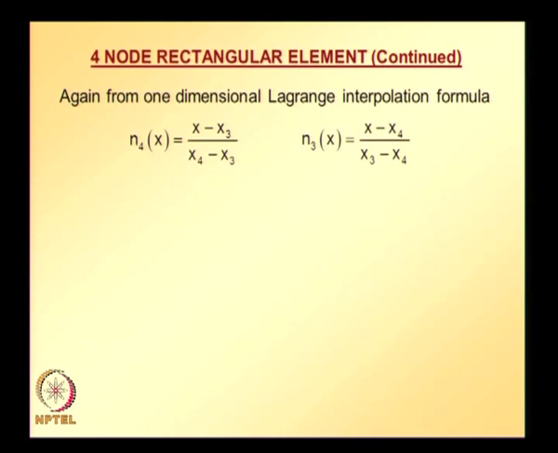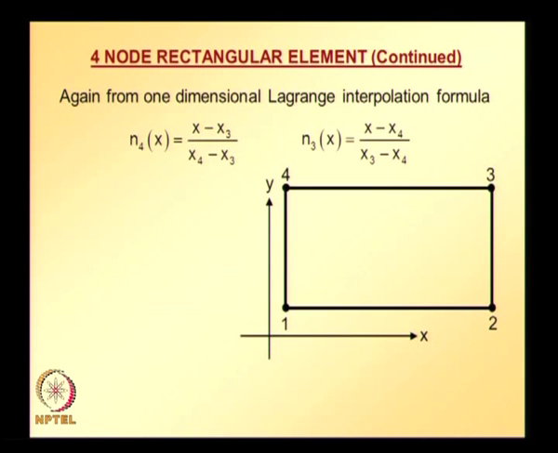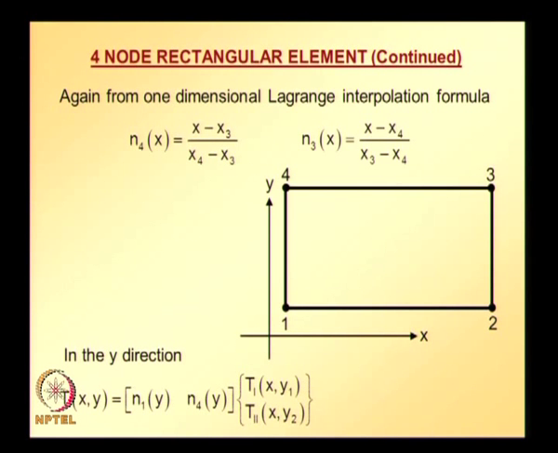So, we have seen how the field variable T is varying along side 1 2 and also along side 4 3. Now, let us take one of the sides which is along y direction. Along 1 2 we know T1, and along 4 3 we know T2 from the previous equations.